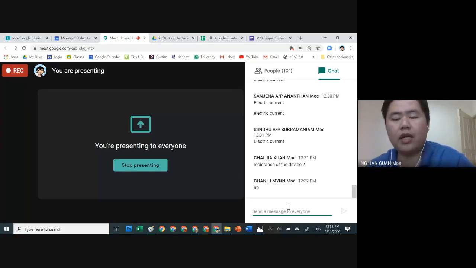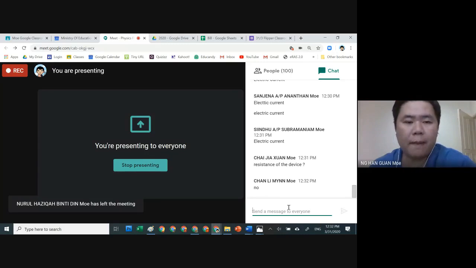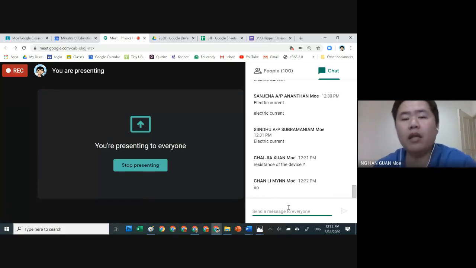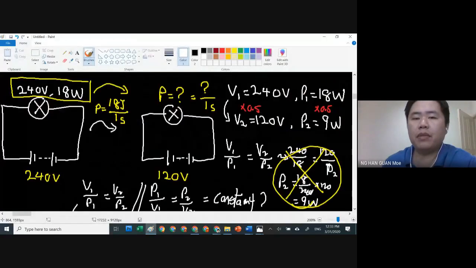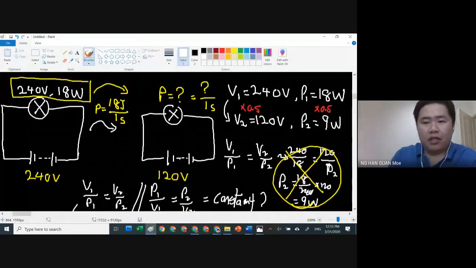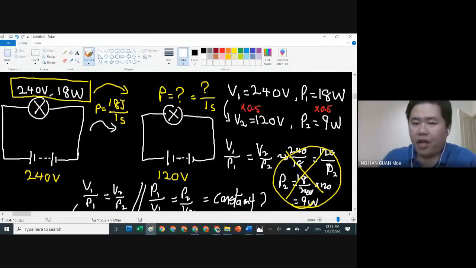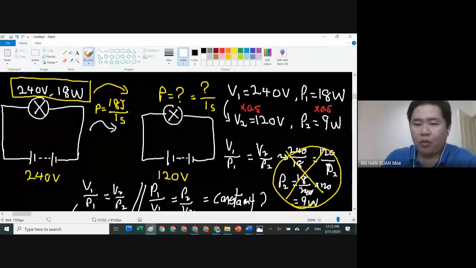So that's why, as you suggested, the resistance of the device. Yes, that's the correct answer. Resistance is the one constant. Why, when we change the power supply, does the resistance remain constant? Still remember what you learned in 2.2 Ohm's law, right?